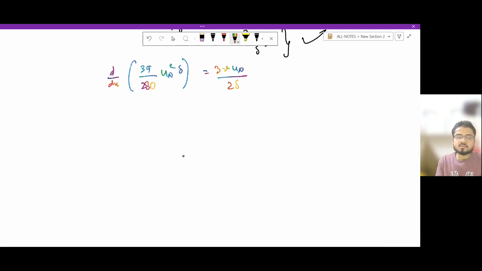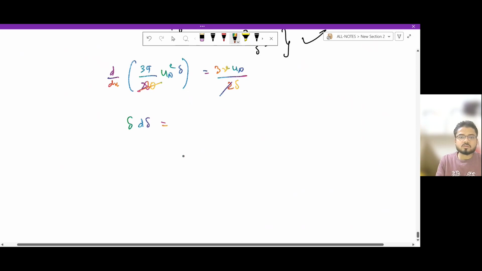And this is effectively an equation that allows us to integrate our system with respect to delta. So how do you do that? You just write del d delta would be equal to, you cross this out, 140 over 13 nu over u infinity, right? Dx, and integrate this.